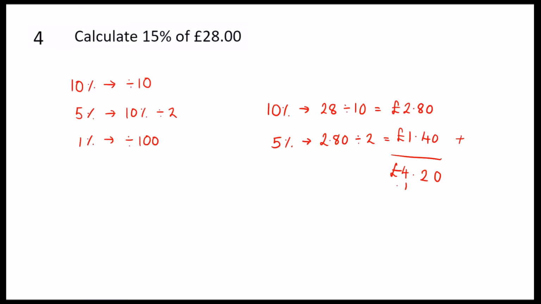However, if I wanted 25%, for example, I need to double or have 2 lots of the 10% and 1 lot of the 5. If I wanted 35%, I'd need 3 lots of the 10% and 1 of the 5. Or if I wanted 70%, I'd simply need 7 lots of the 10%. So think carefully about what amounts of each percentage you need and then add them all together at the end.